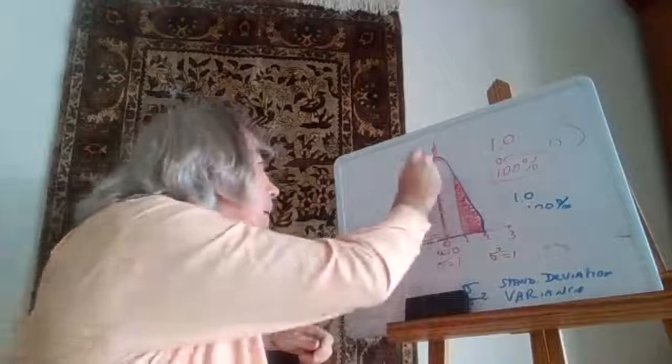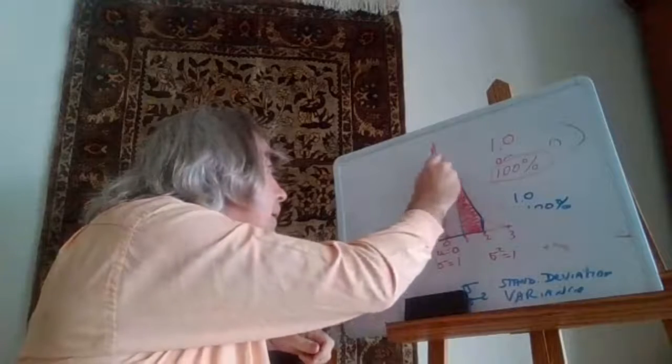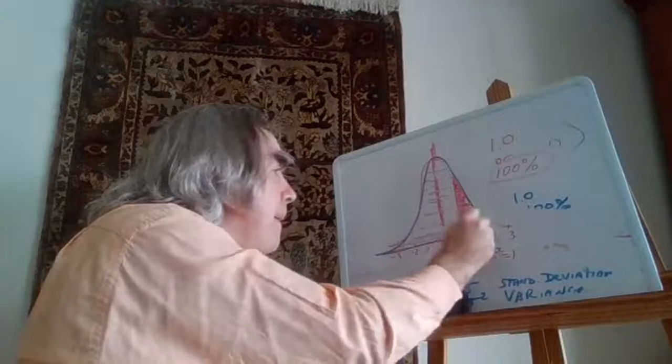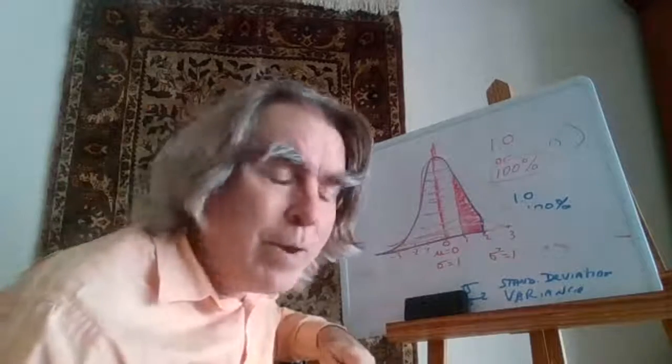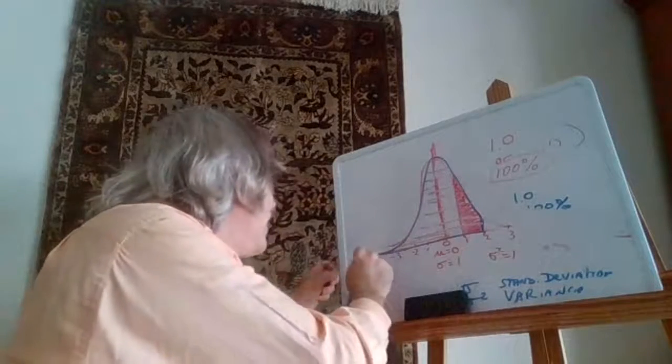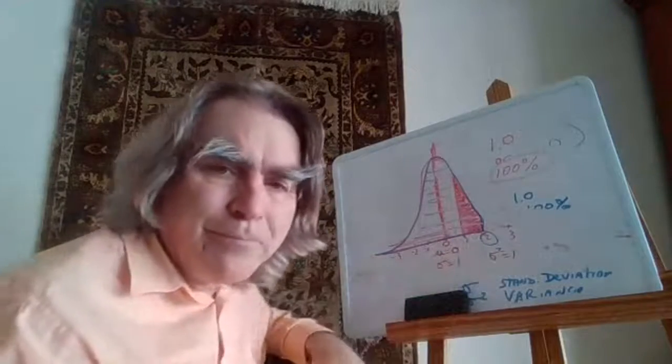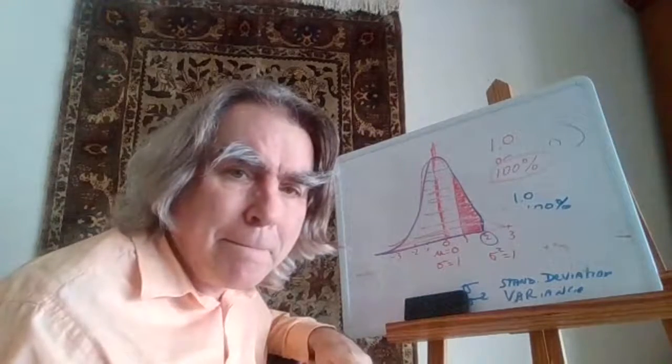That purple area, everything underneath here, is what the table would have given us. It would have given us from minus infinity to 2. Right?